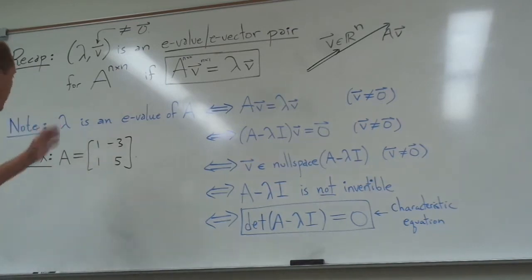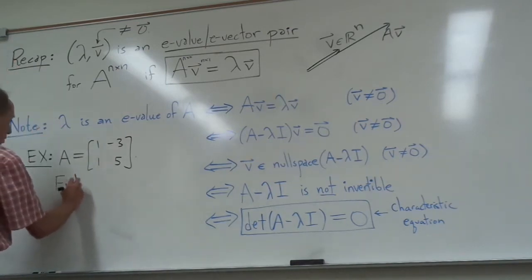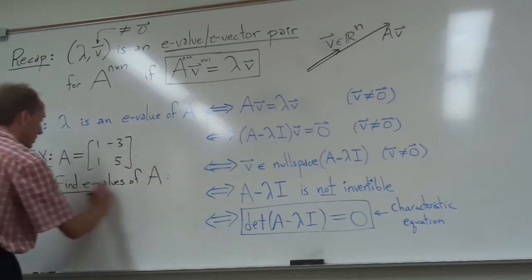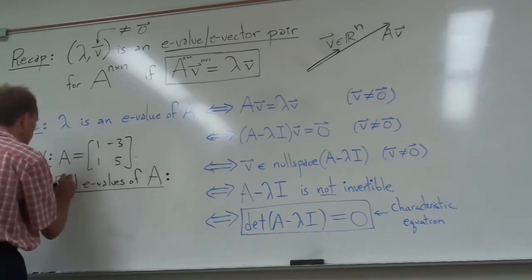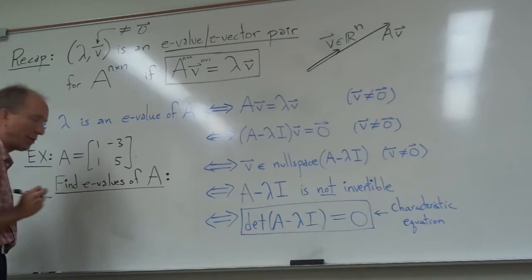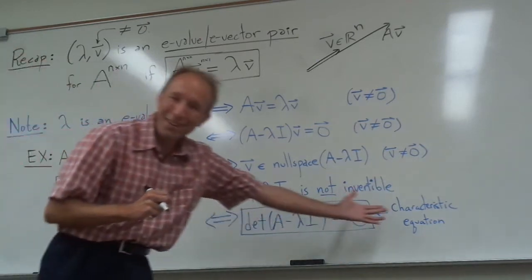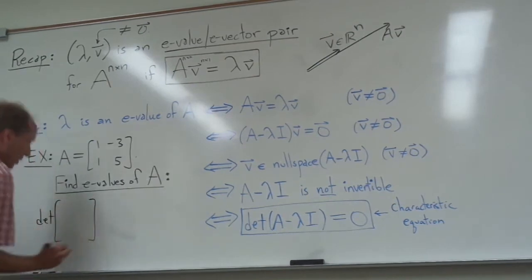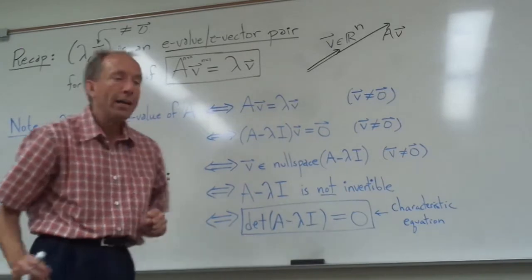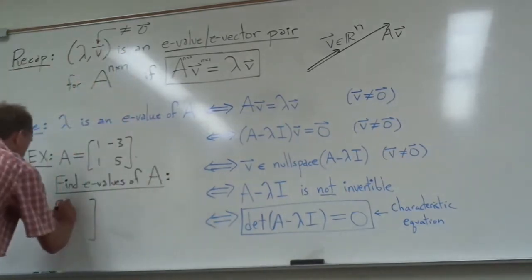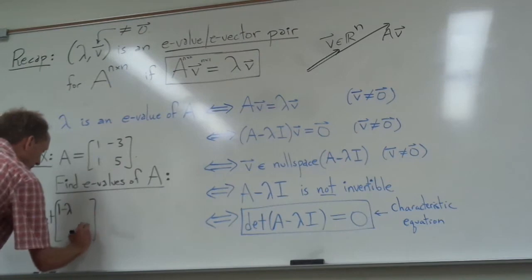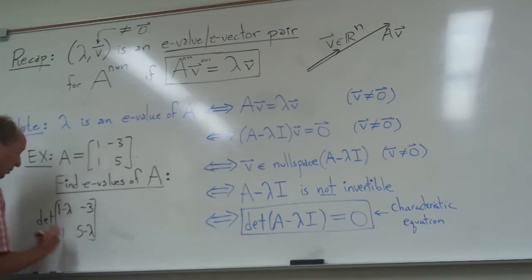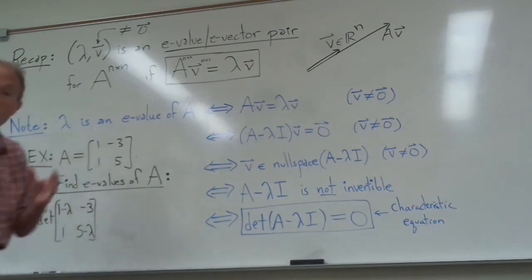Let's find the eigenvalues of A. We're going to use the characteristic equation, so I'm going to take the determinant of A minus lambda I. What that means is that we're going to subtract lambda from the main diagonal entries, and then leave the other entries alone. This is just a 2 by 2.